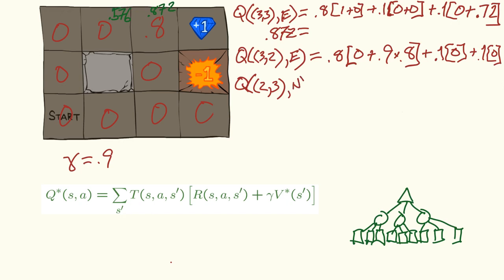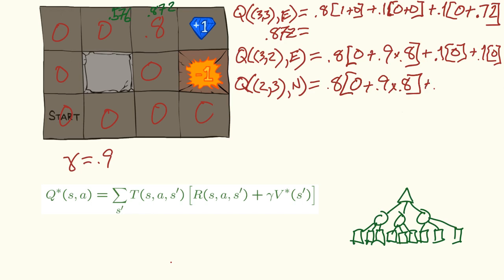So let's take a look at north: 0.8 times 0 plus 0.9 times 0.8, just as with 3, 2.